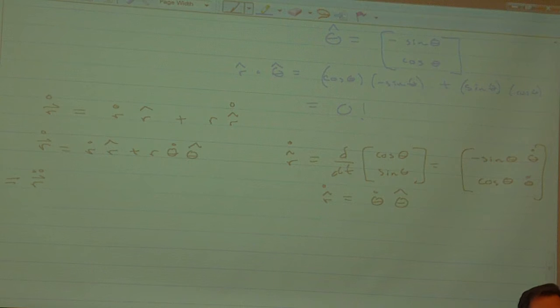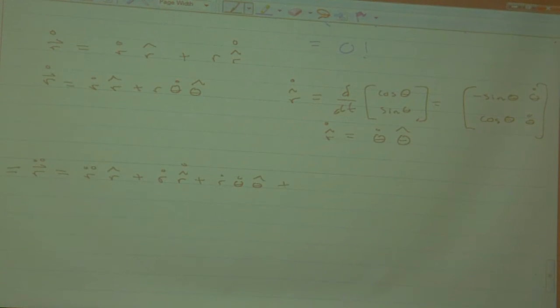So now I've got two terms that are added up, and I got to use the product rule. And so I get r double dot r hat plus r dot r hat dot plus r dot theta dot theta hat plus r theta double dot theta hat plus r theta dot theta hat dot.